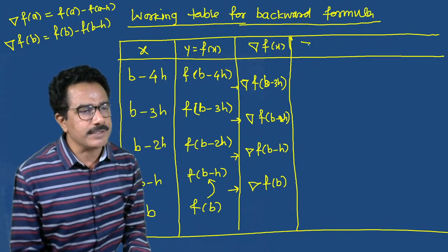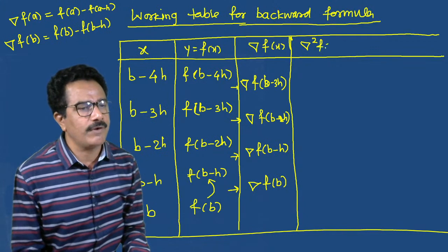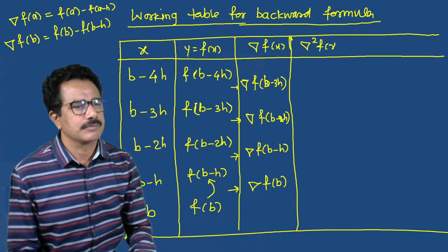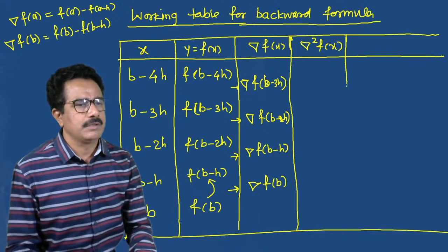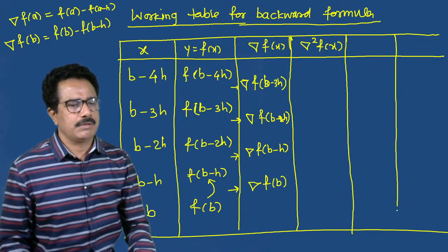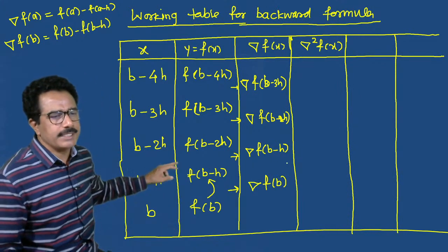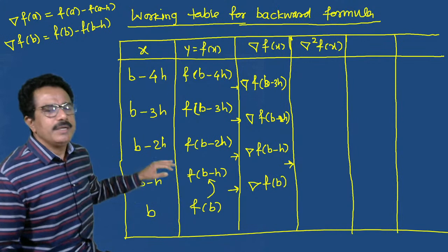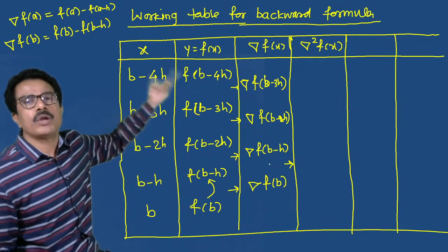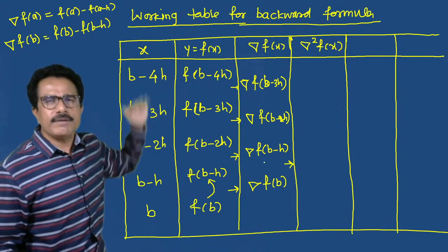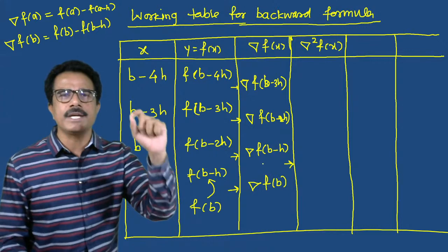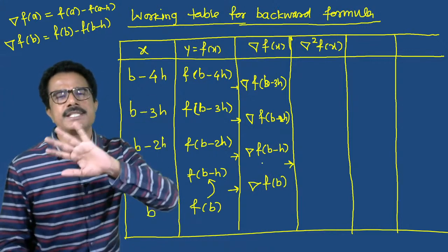Now the second difference, del square f of b, or we can write x. So we can take the difference of this term. The process is the same, everywhere the process is the same. From the second subtract only the first, whether forward or backward. In the forward difference table and in the backward difference table, actually the working procedure of subtraction is the same.